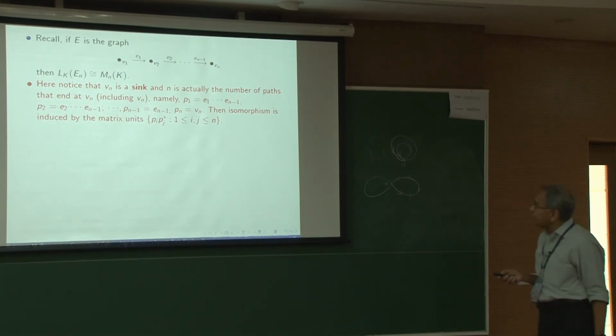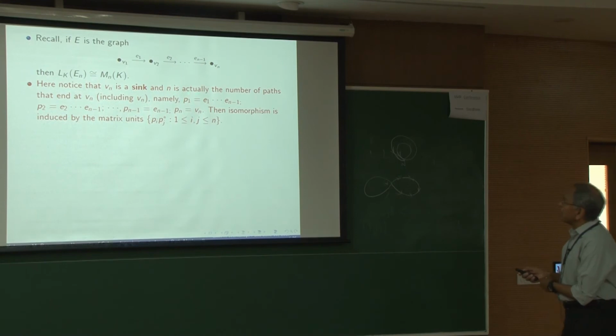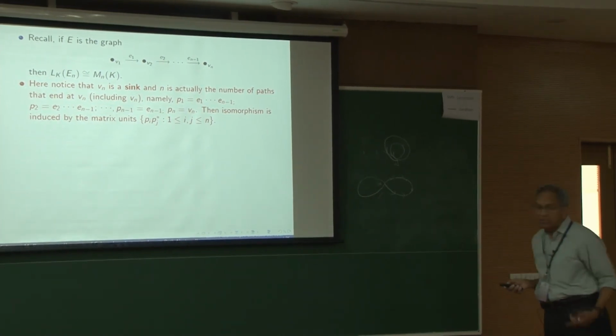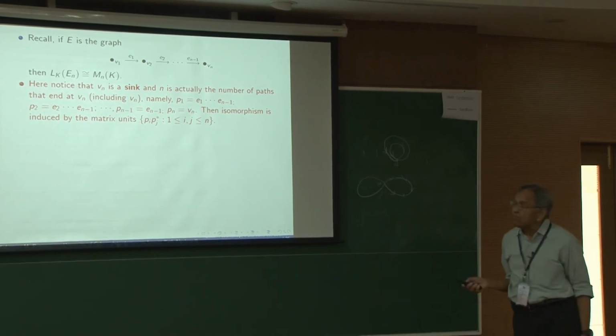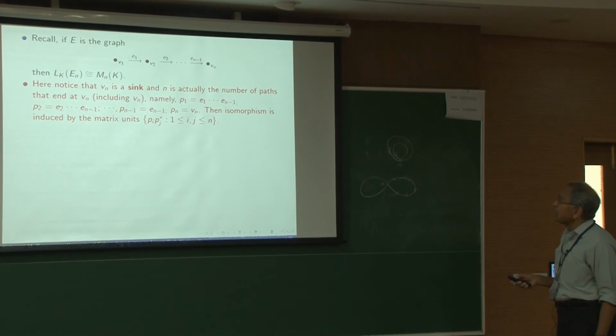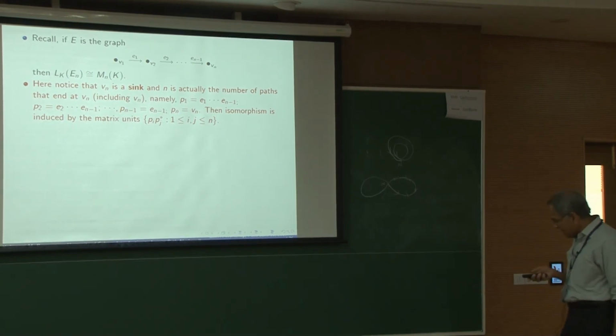And those are, as we noted earlier, p1 is the entire path, p2 starts from e2, and so on, and pn minus 1 is simply this edge, and pn is vn. And then we noted that pi pj star form a set of matrix units, and that induces an isomorphism of the path algebra to the matrix ring.